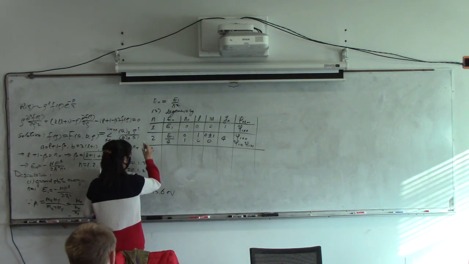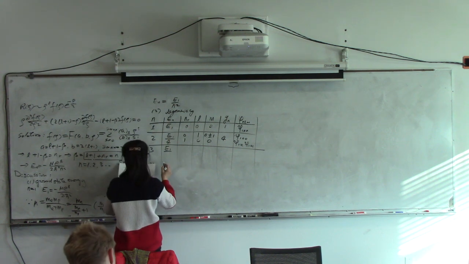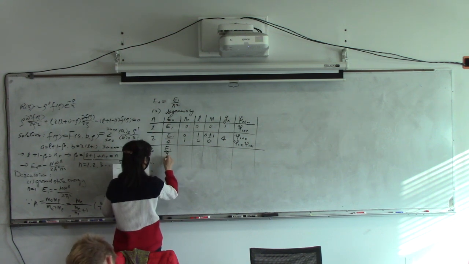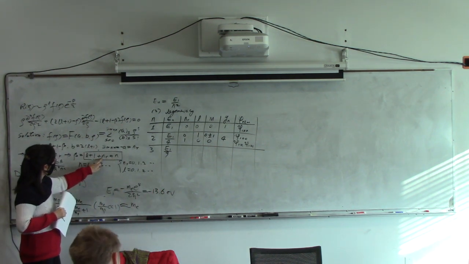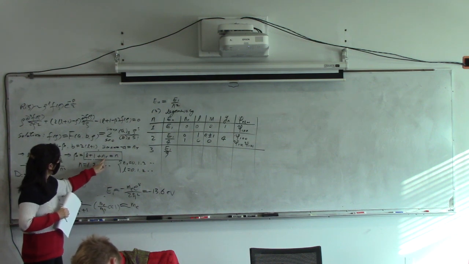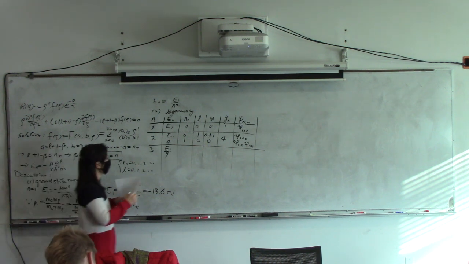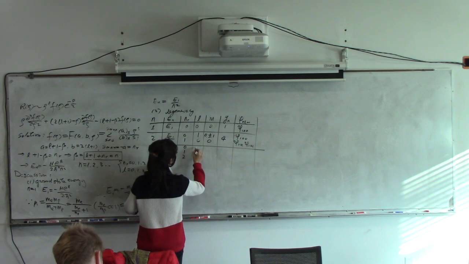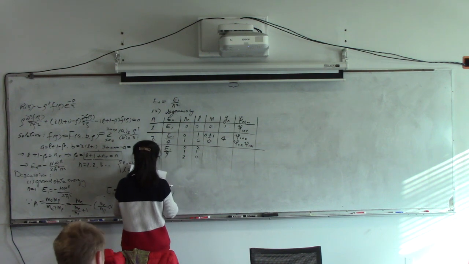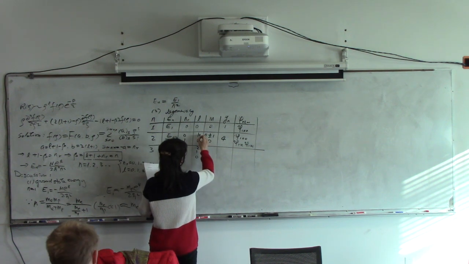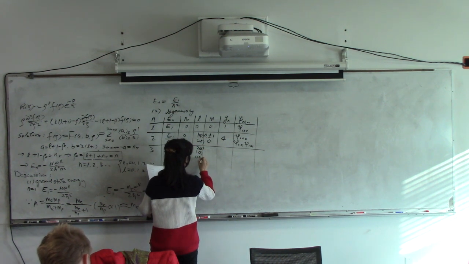Now let's keep continuing. You will see you can formalize this degeneracy. So here this is a 3, this is 9, right? For n equal to 3, if n_r is 0, l must be equal to 2. If n_r is 1, l equals 1. If n_r is 2, l must be equal to 0, right? So we have 0, 1, 2. So this is 2, 1, 0. Here we say the orbitals are d orbital, p orbital, s orbital.